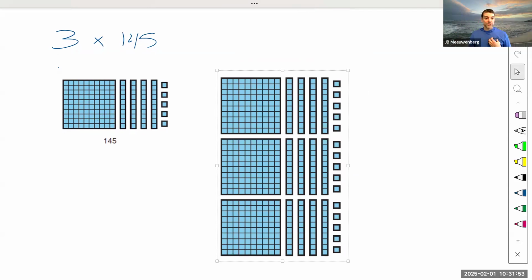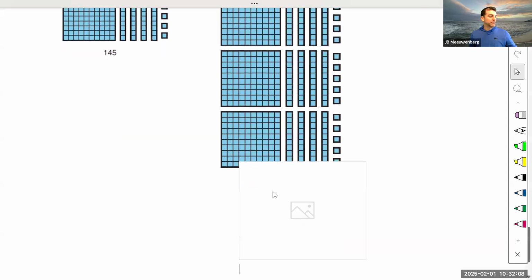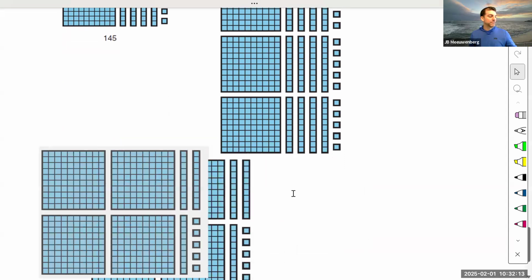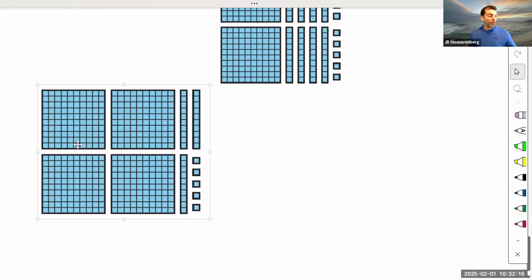The next thing that we're going to do is regroup these so that we can have that minimal collection. And when you regroup these, they turn into something that looks like this. What we end up with are 4 of those flats, which are all 10 by 10s. We end up with 3 of the longs, which are 1 by 10s, and 5 of the unit pieces.